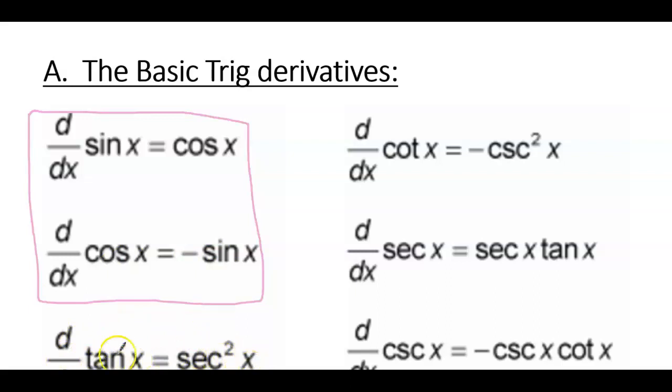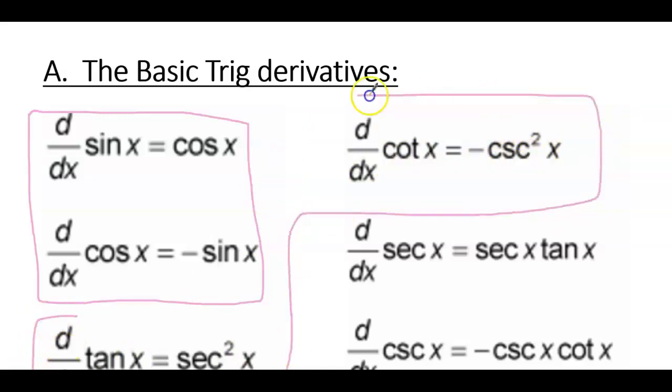So in other words, the slope of tangent is secant squared x. The derivative of cotangent is negative cosecant squared x. So these kind of go together too, in a way, right? They're both the tangent ones. So derivative of tangent is secant squared. Derivative of cotangent is negative cosecant squared.